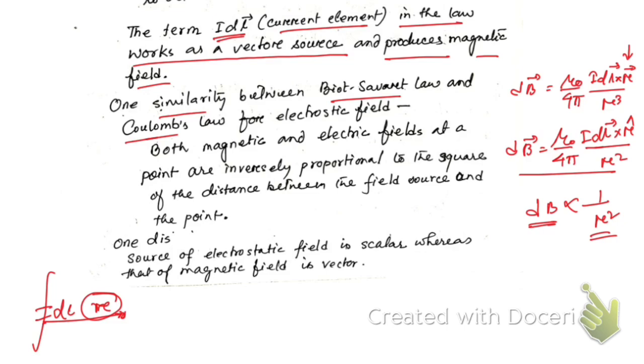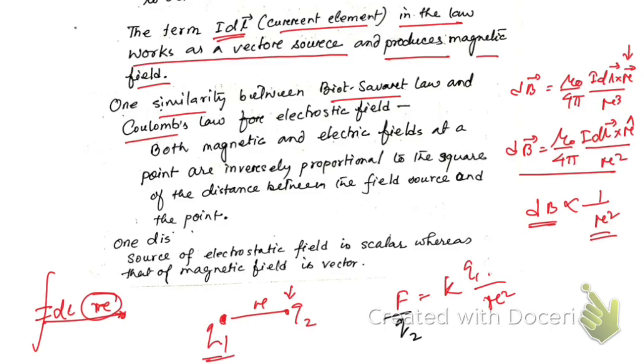Similarly, in case of Coulomb's law, F is equal to K q1 q2 by r square. Suppose you have a charge q1 and another charge q2 at a distance r, then the electric field due to q1 at this point where q2 is located is given by F by q2.